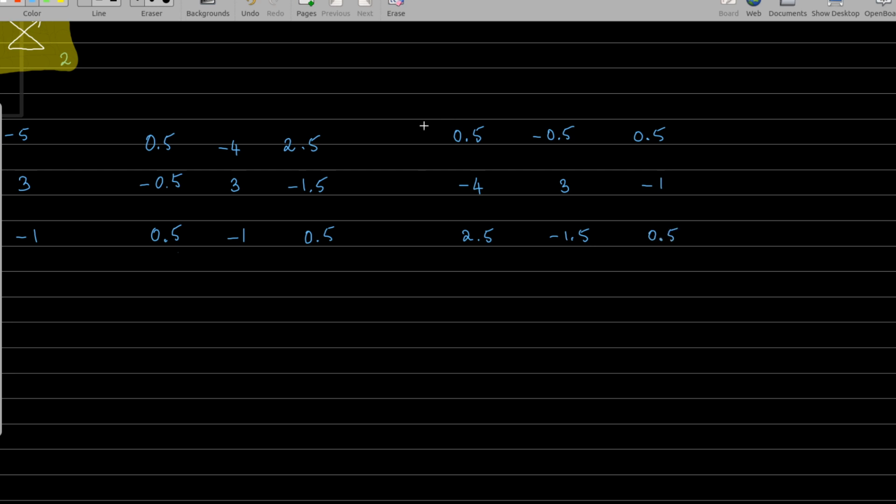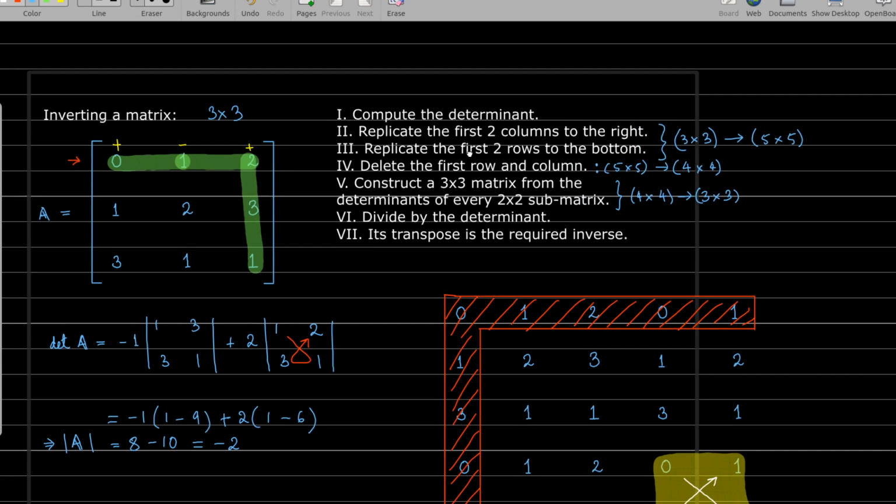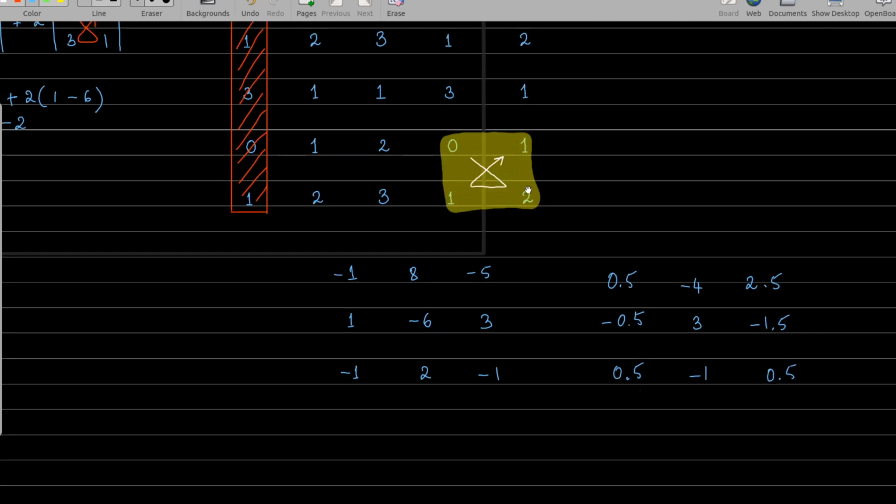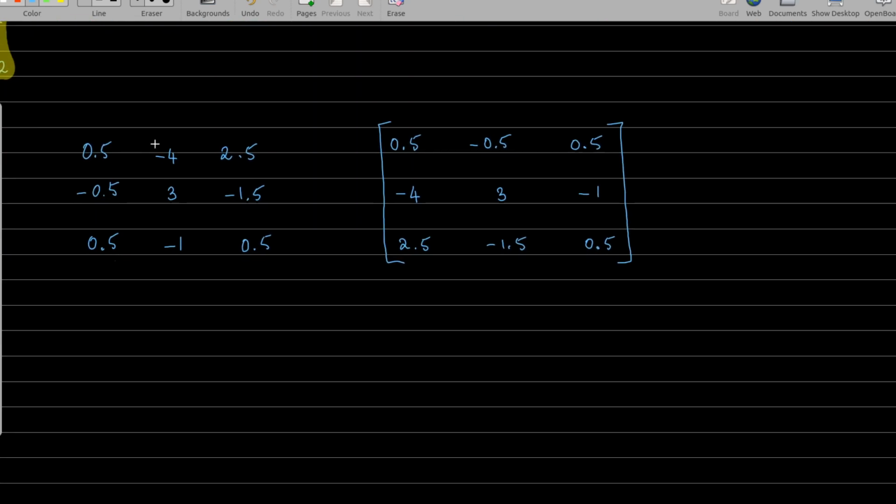Okay, so this will be the inverse that we are looking for of the given matrix A. So these are the steps, this is the procedure that we can follow to find out the inverse.